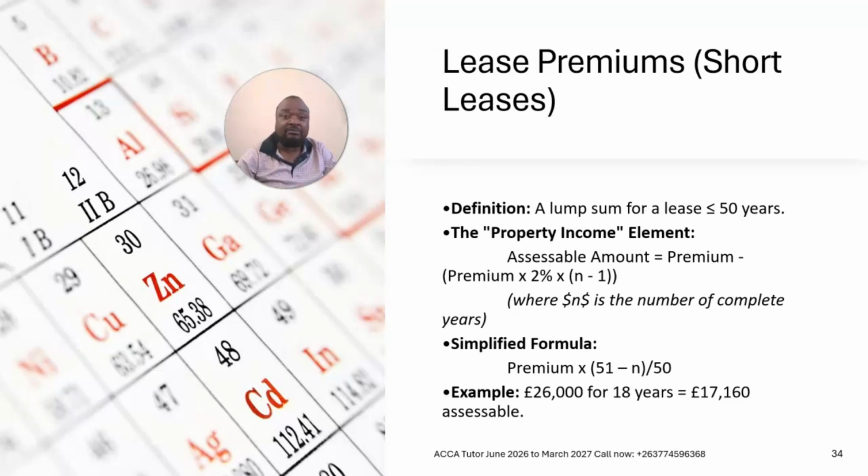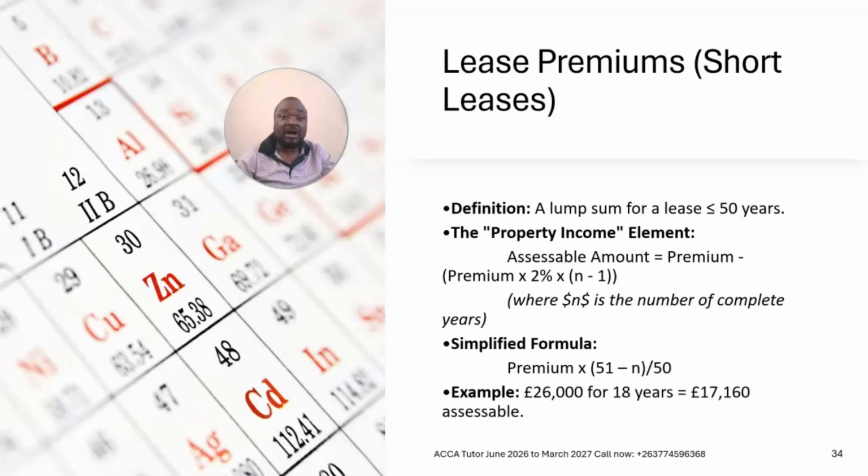When you are given a lump sum by your tenant, you are going to account for some assessable amount on that premium. Remember, the premium is a lump sum payment the tenant is going to give you for their stay at your property.